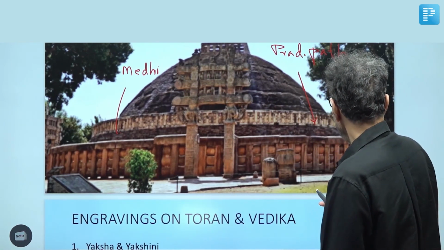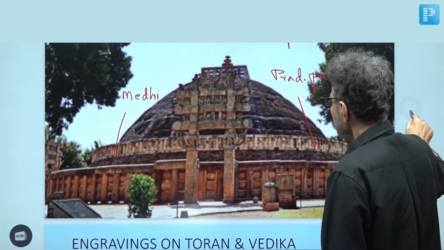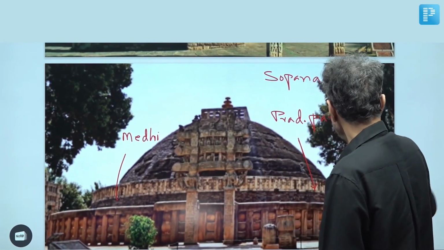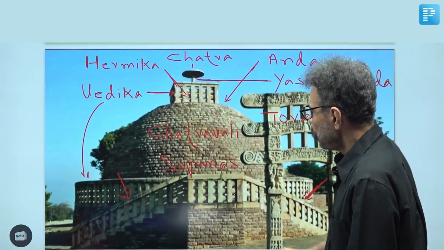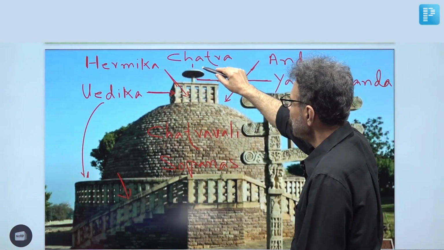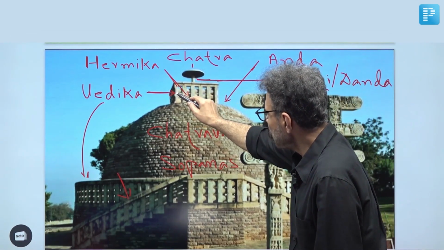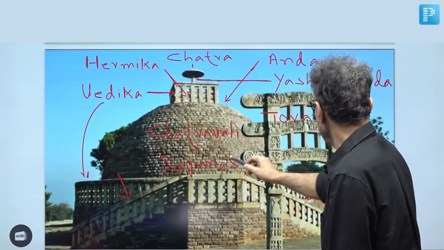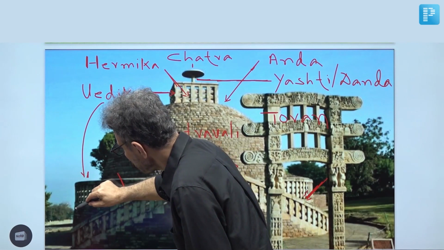The next thing here to consider is that there are decorative elements in a stupa. But first I explain all the parts I have shown here. Take a look. I repeat that. So the parts are Chhatra or Chhatravali, Yasti or und, Harmika, Vedika, Sopanas, Toran, and this is Medhi.